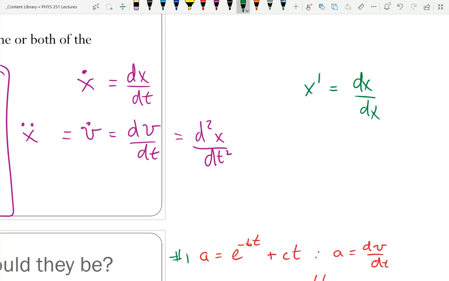I just want to reiterate again. So how we solve these is separate variables, we integrate, or derive. If you're going from acceleration or velocity toward position, that's integration. Then you make the substitution, separate variables, and integrate. So use substitution over time.